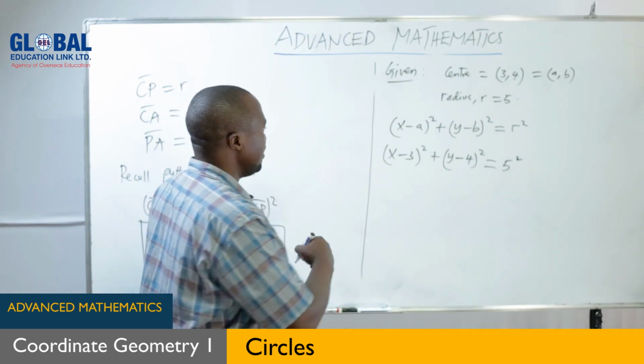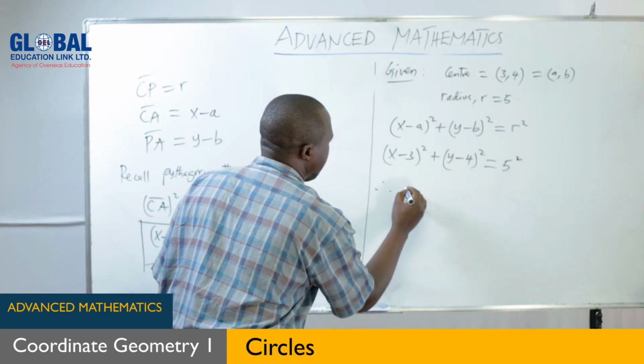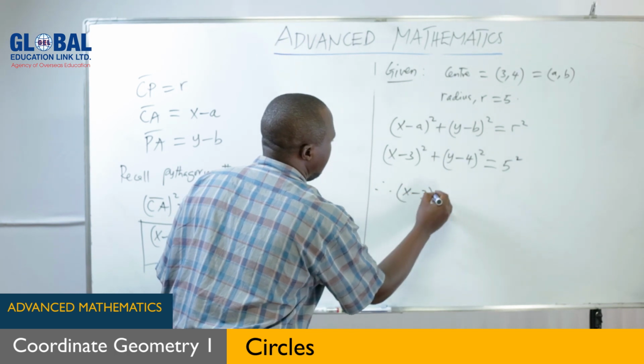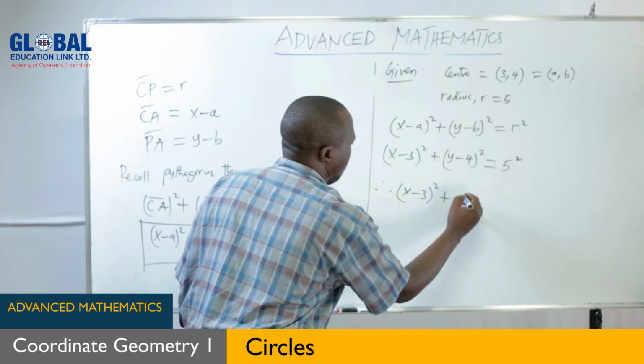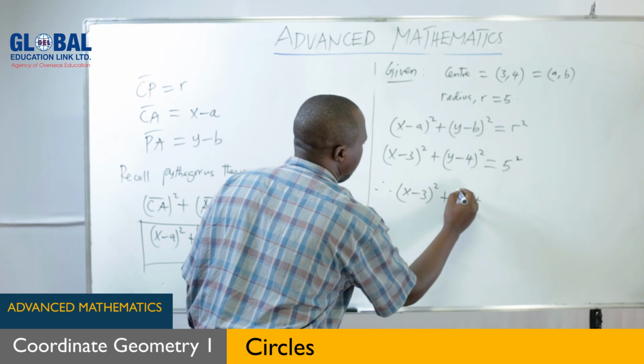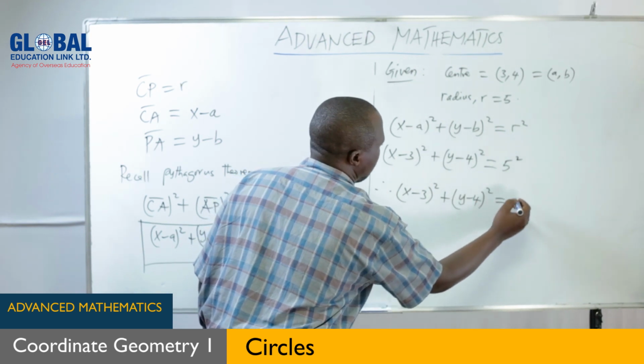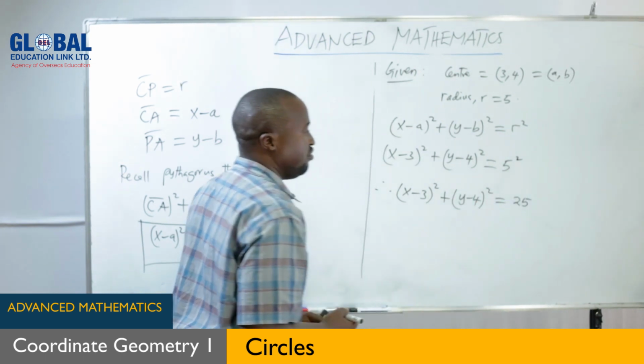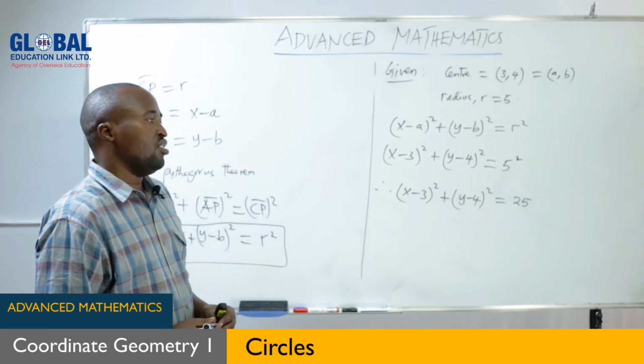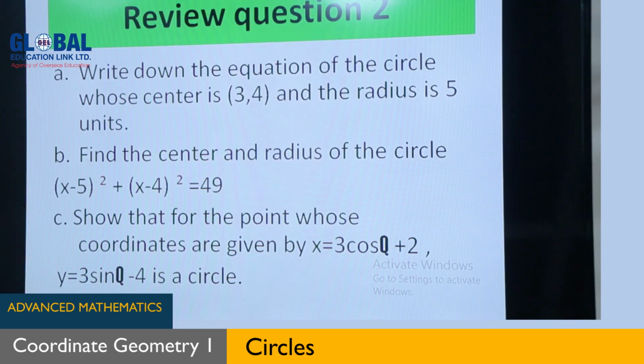So this is (x minus 3) squared plus (y minus 4) squared equal to 25. That is the equation of the circle whose center is (3, 4) and the radius is 5.